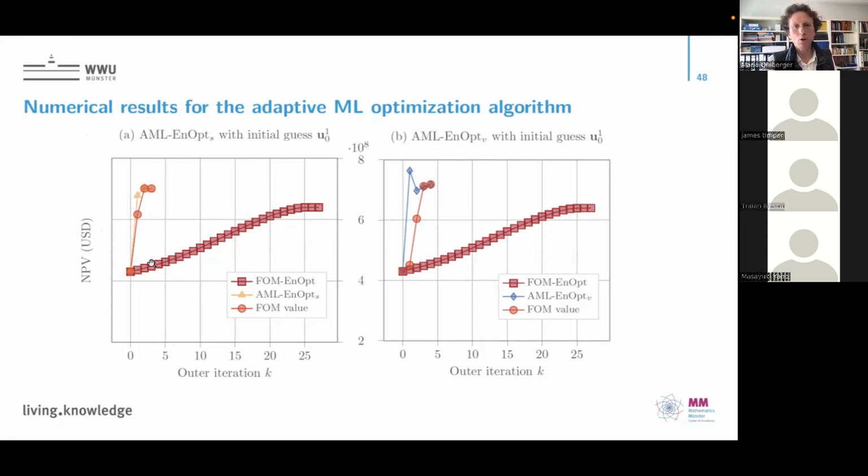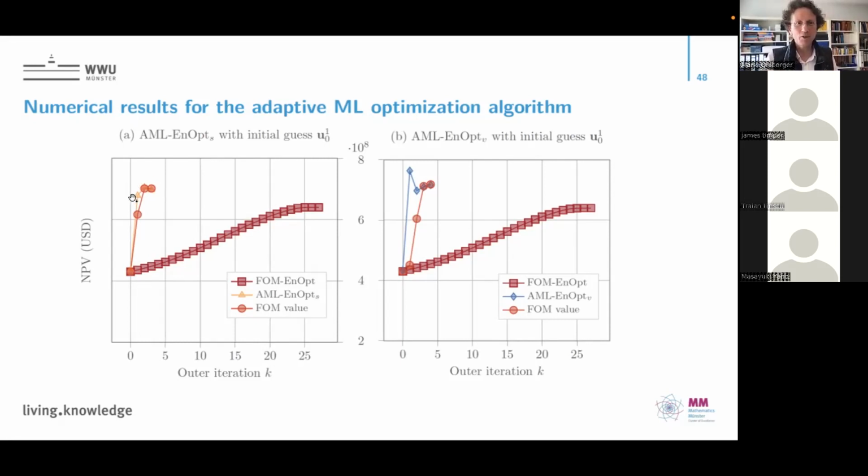And if you now go with the suggested machine learning models, and here you see the scalar version on this side and the vector valued version here, then you see that you take a much faster path. So within a few outer iterations, you are already done. It's much faster. And at the same time, we see that we arrive at a different local optimum.